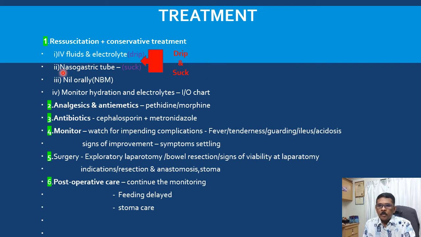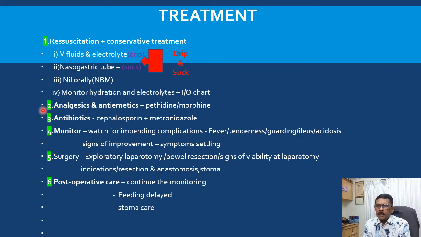Then to suck out whatever fluid is retained in the gastrointestinal tract, this is done by the use of a nasogastric tube connected to a suction apparatus, and this is known as the suck. The patient is kept nil by mouth. No food or drinks are given. This method of treatment is known as drip and suck, the drip and suck method of treating intestinal obstruction conservatively.